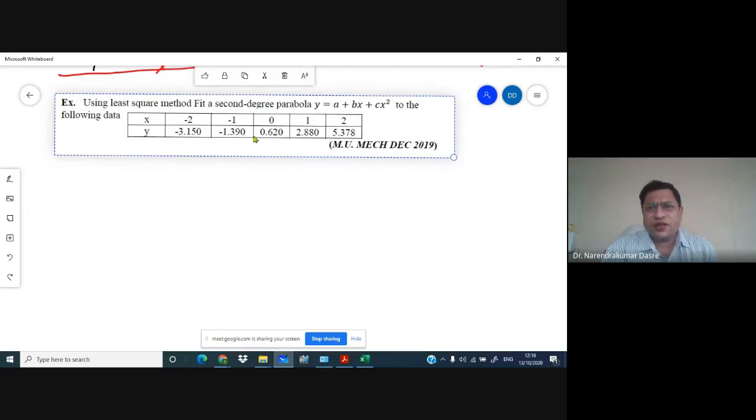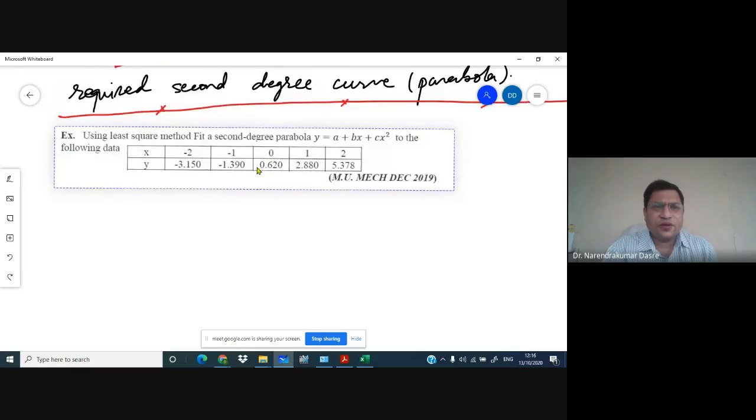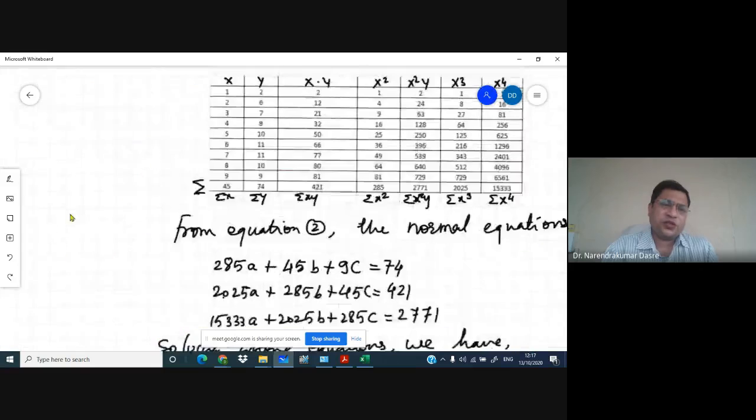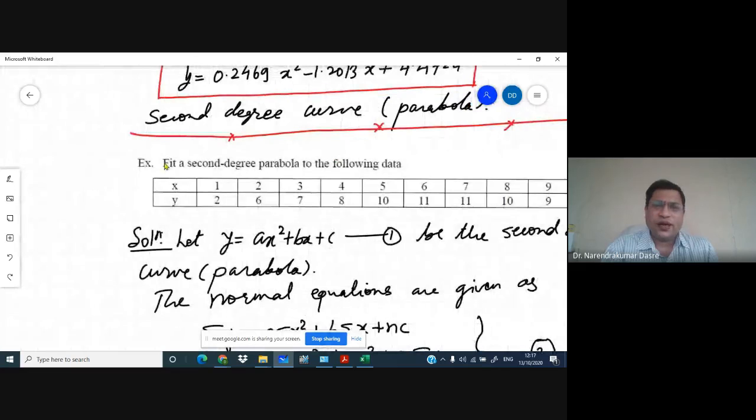So we have another example here. The question says: using least square method fit a second degree parabola. Now you can see the equation of the curve is given to us. In the previous example the equation of the curve was not given, it only said to fit a second degree parabola, so we assumed this equation.